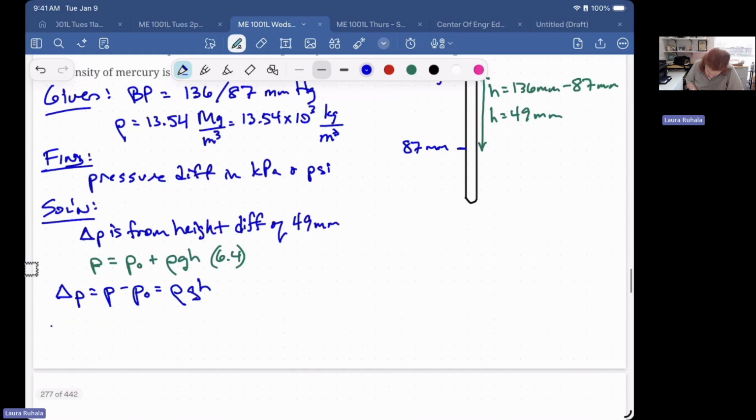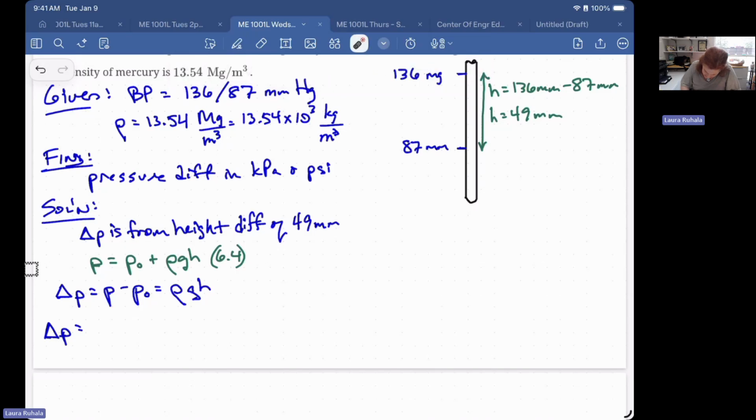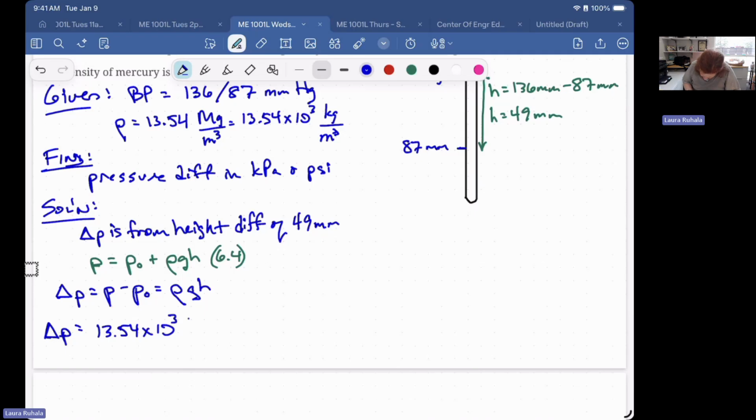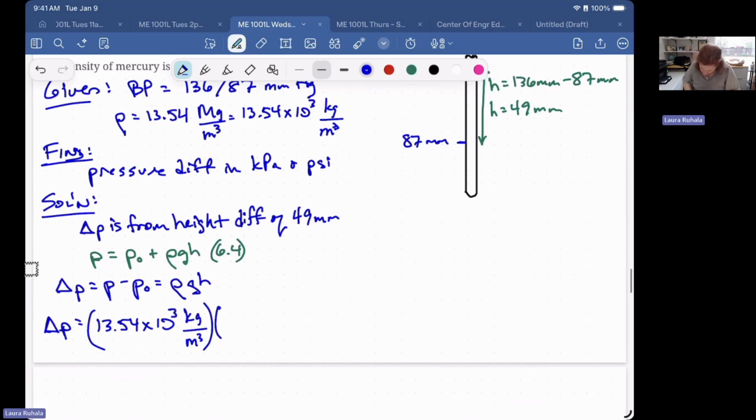So delta P is equal to rho, my density of the mercury, 13.54 times 10 to the 3 kilogram per cubic meter, times gravity, which would be 9.81 meter per second squared, times the height.